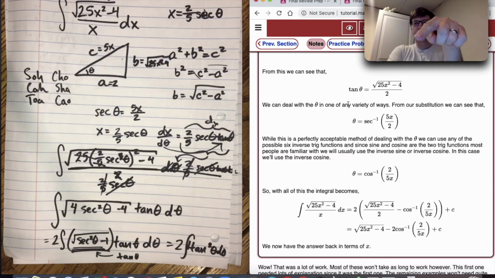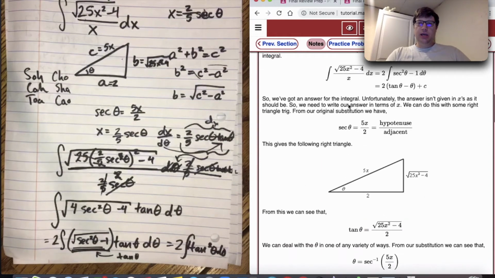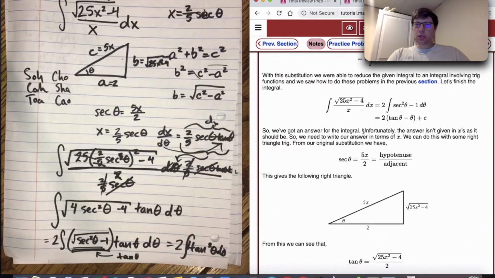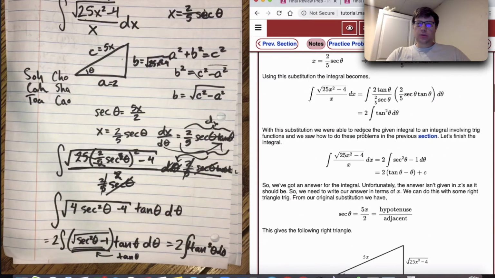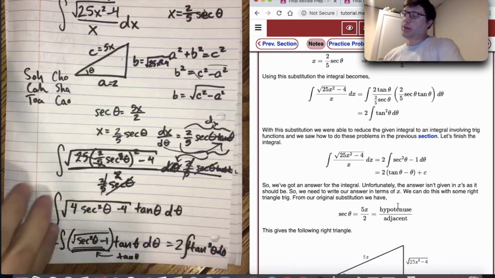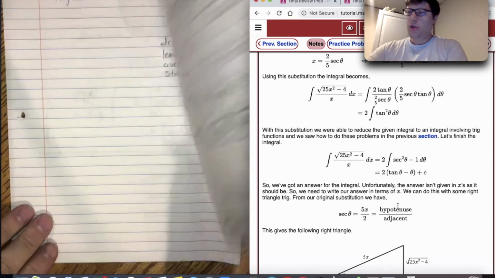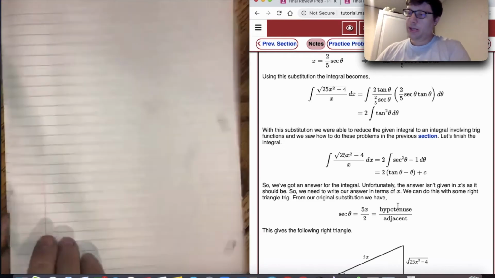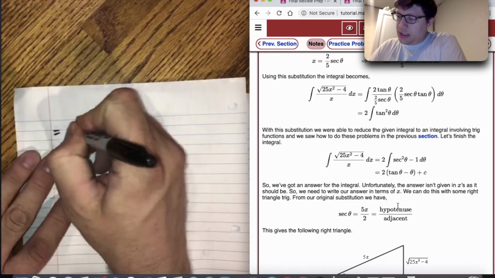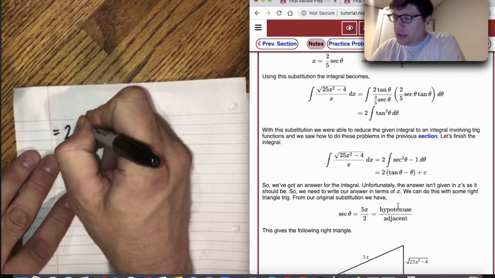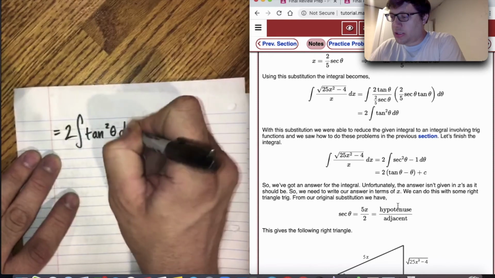So they take theta and put it back into terms of x. Right here, I'm about to take the integral of tangent squared. There's another trig identity. So we're at this stage: 2 times the integral of tangent squared theta d theta.